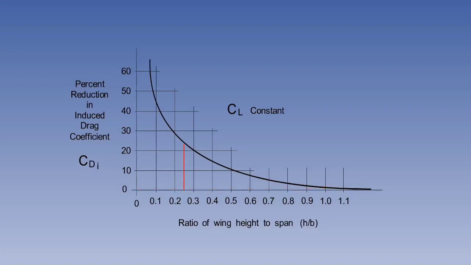As the height comes down to 10 meters, a ratio of 0.25, the CDI has dropped by 23.5%. But at 4 meters, a ratio of 0.1, the induced drag coefficient has fallen by a substantial 45%.